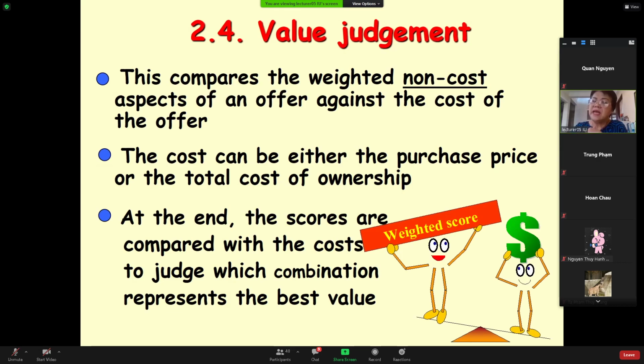So in this slide, it says that you have to consider all the factors, including cost and non-cost, and present to the team for alignment on supplier selection, to align on the total best value.